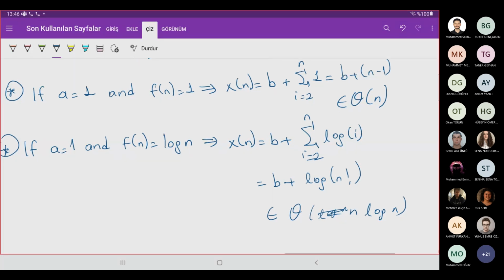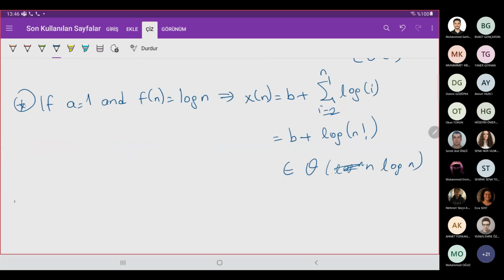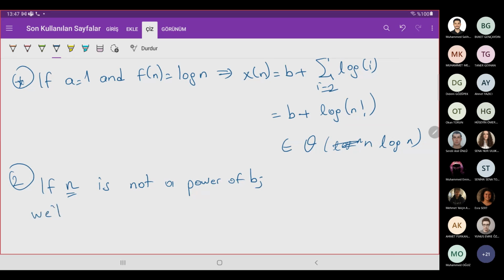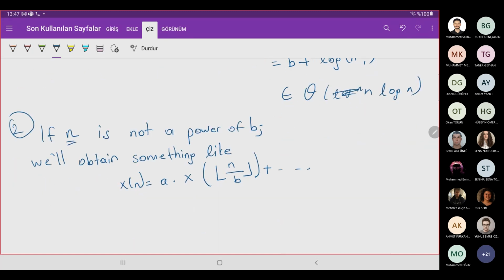So if n is not a power of b, we will obtain something like a times x of floor of n over b plus something like that, okay?